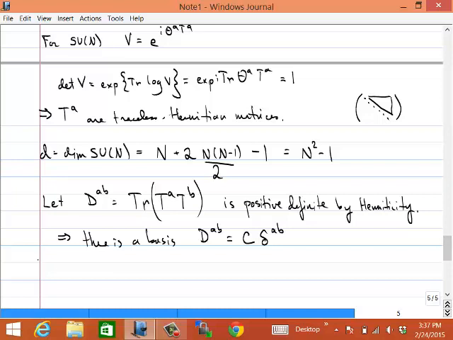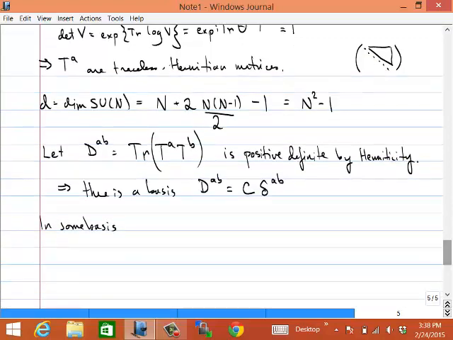So that means that in some basis, which is the basis that we'll be using from now on, this D is proportional to the identity. And I guess we could set that C equal to 1.